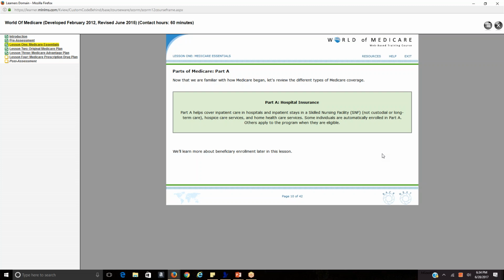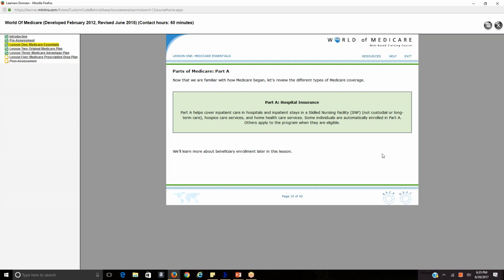That's not custodial or long-term care. Typically, inpatient stays in a SNF are limited to a 60-day period. Hospice care services, so if a patient goes on hospice, they're eligible for Medicare Part A, and home health care services. Some individuals are automatically enrolled in Part A. Others apply to the program when they're eligible.